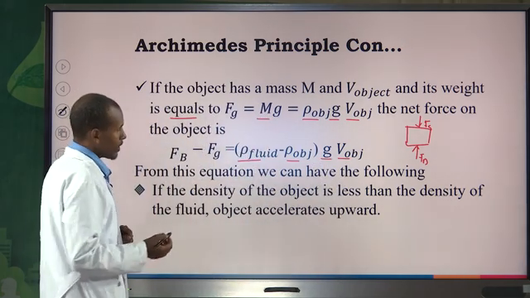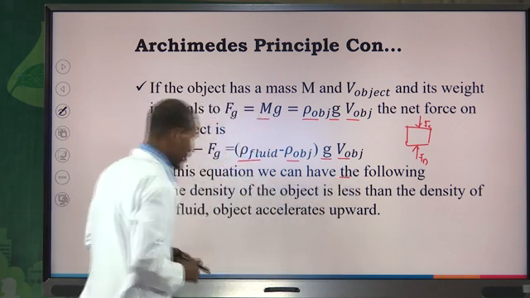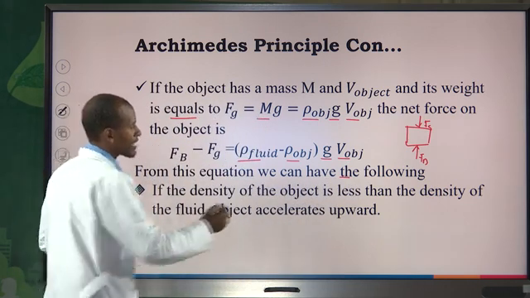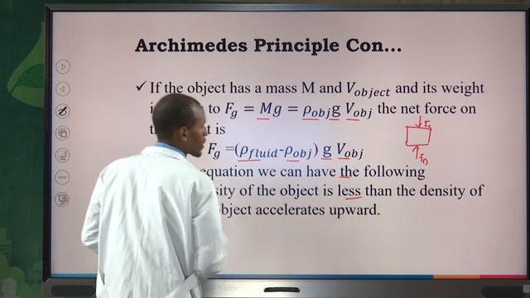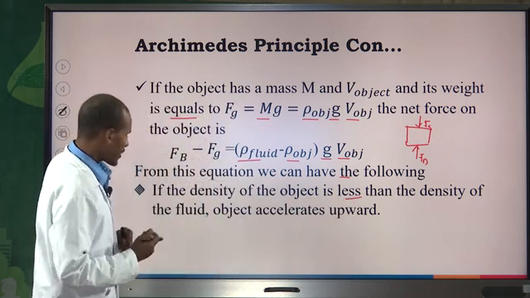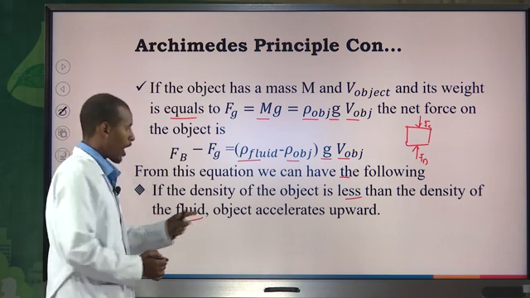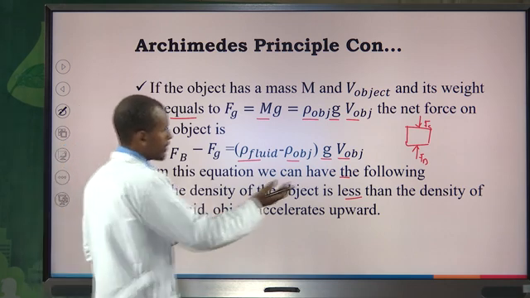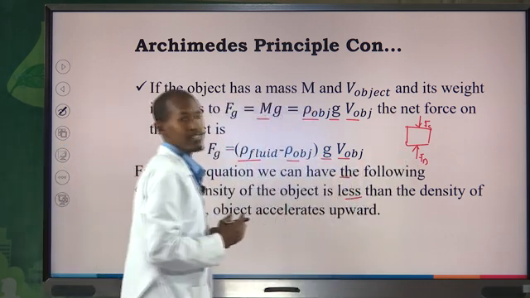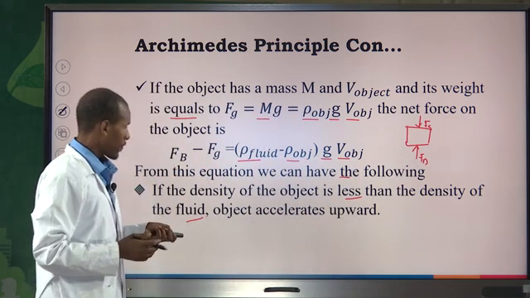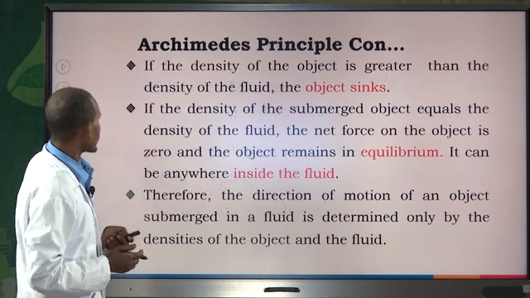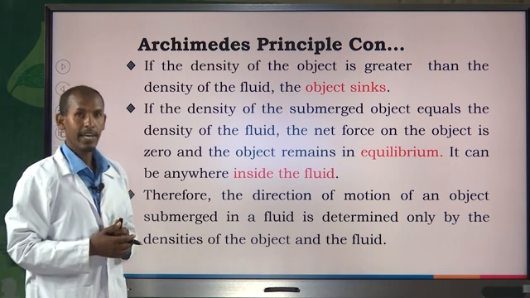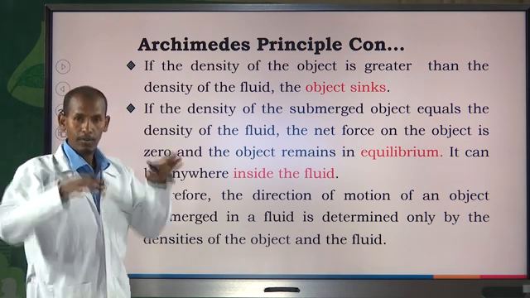From this equation, we can draw the following conclusions. If the density of the object is less than the density of the fluid, the object accelerates upward, because the upward force is greater in this case. If the density of the object is greater than the density of the fluid, the object will sink.